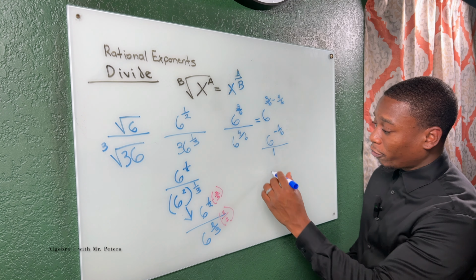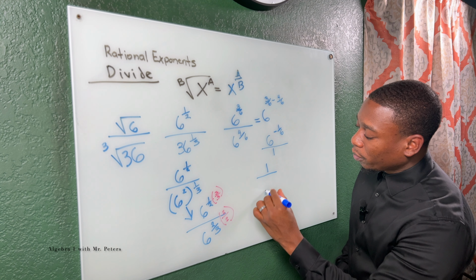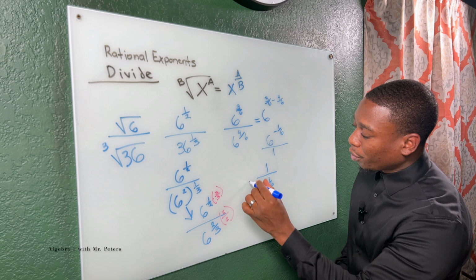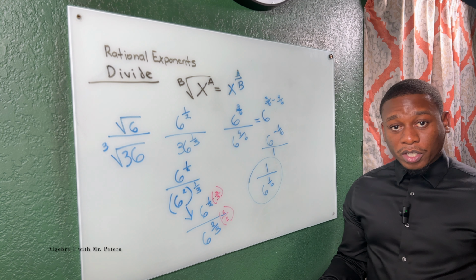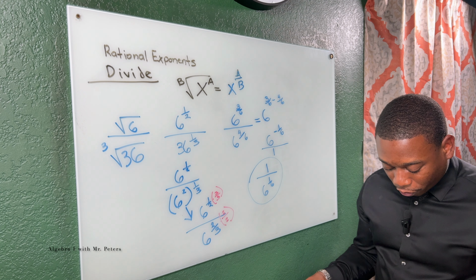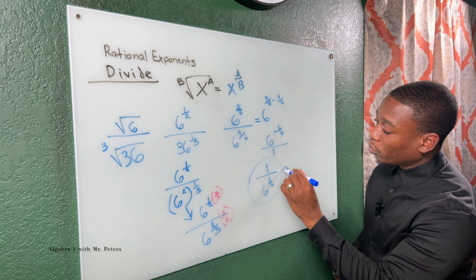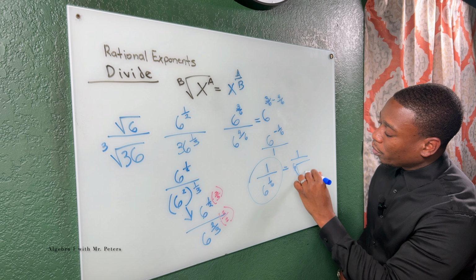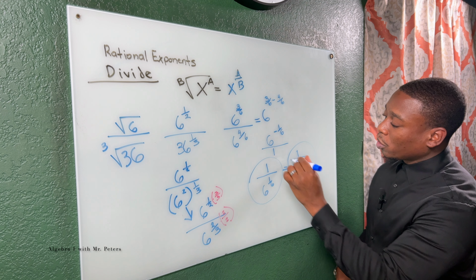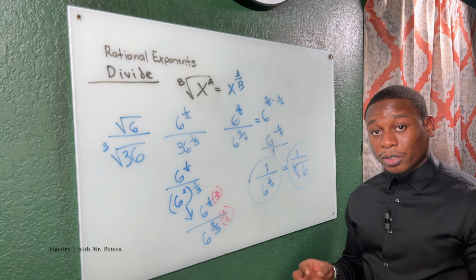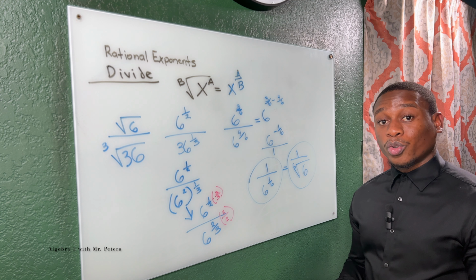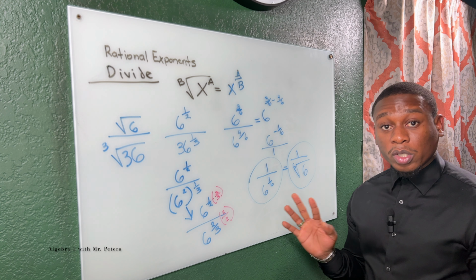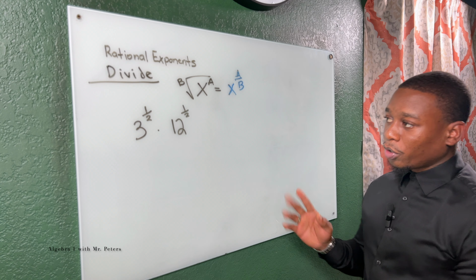Because we can't have the negative exponent. So 1 over 6 to the 1/6 power, remember that is exponential form. If we do it in radical form, okay, good, make sure we're on track, we have 1 over the 6th root of 6. So please make sure, family, that you understand how to do both of these or switch from one form to the other.